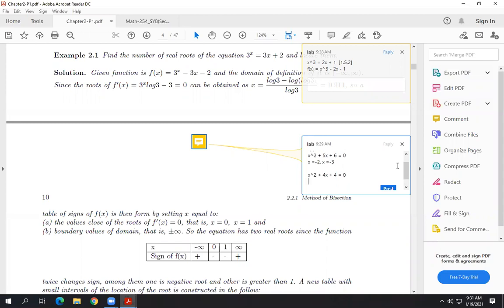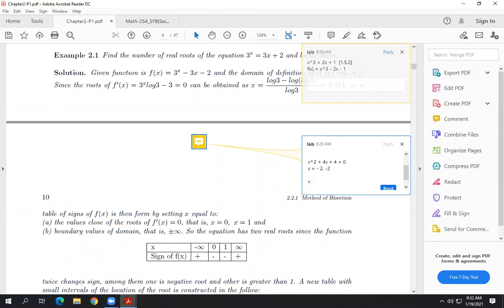What is the root? -2, -2 and -2. These are repeating roots. So when you solve an equation, you must know in advance whether you are dealing with a simple root or a multiple root. You can find it easily like this.